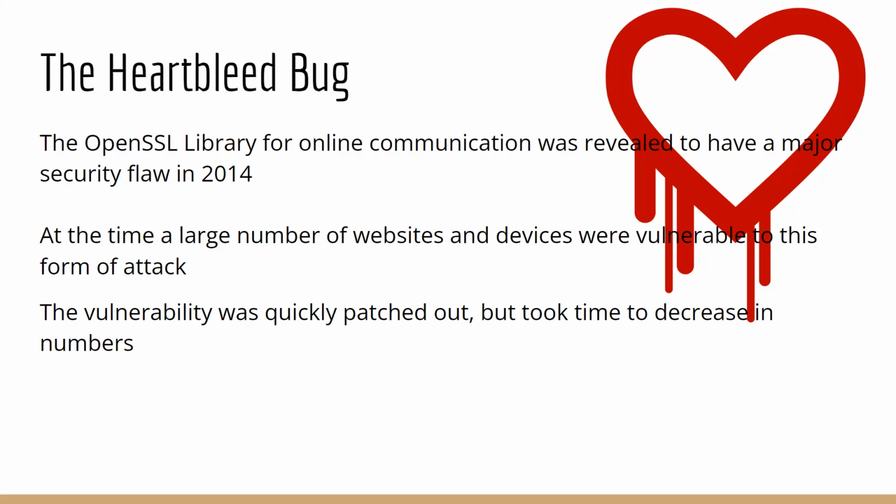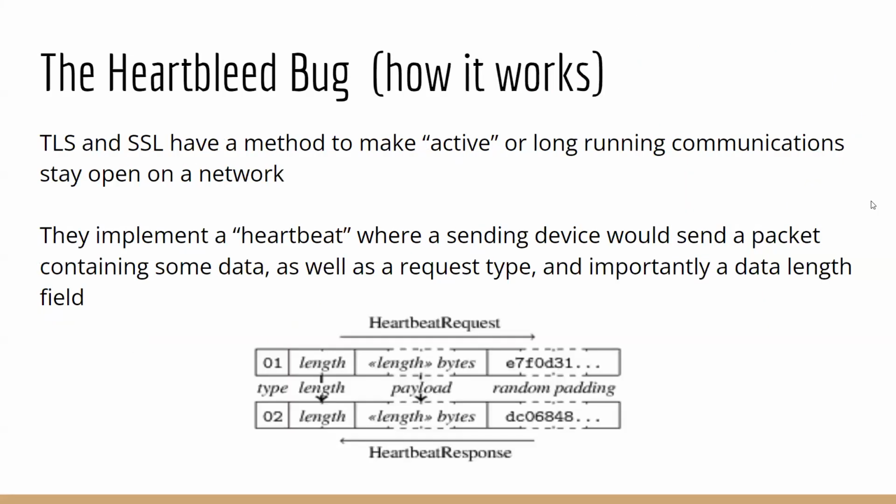This was not patched out immediately because of the time it took to roll out those patches to the vulnerable systems. So what was it? TLS and SSL have a built-in method to keep connections alive called a heartbeat.